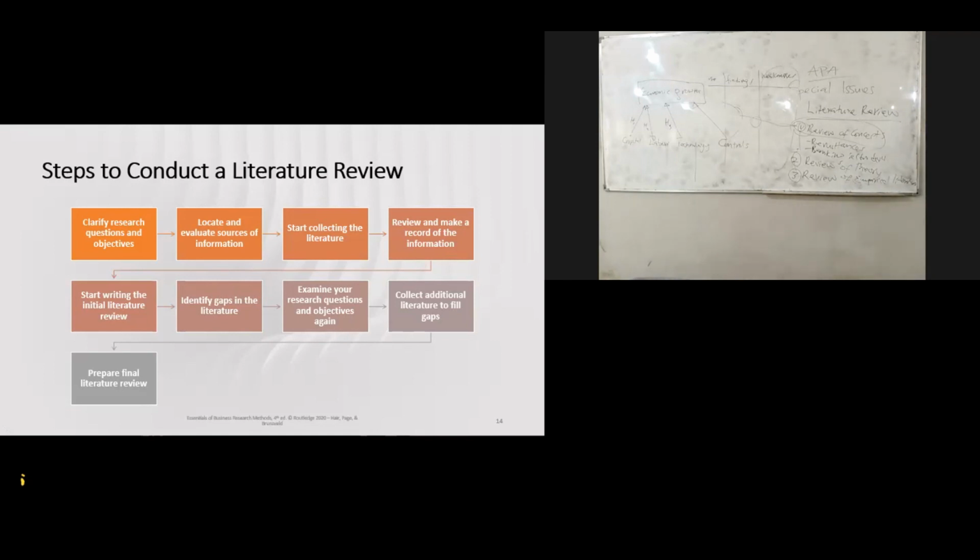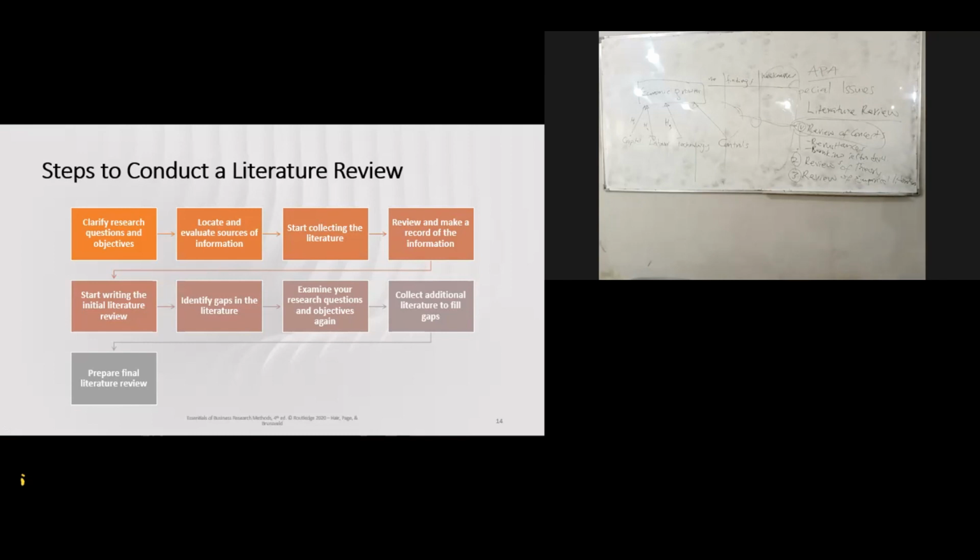Then you start collecting the literature. If you have to photocopy, download and save, or screenshot the particular literature, whatever, collect them. Then review and make a record of the information. So you take notes. I talked about how to take the notes. Then start writing the initial literature review.